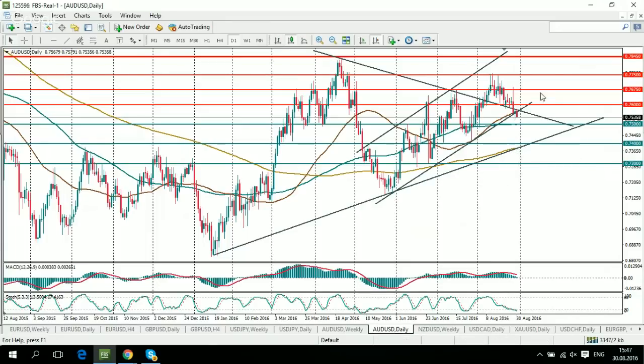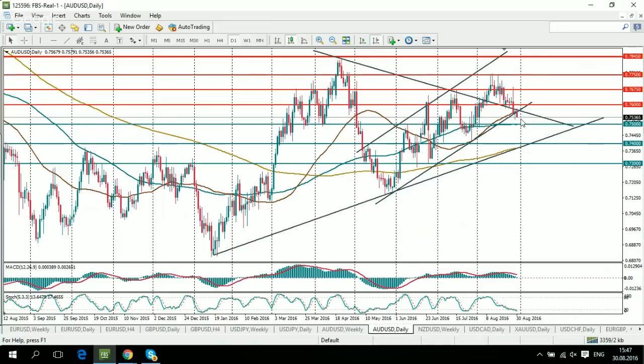If we have a rather strong nonfarm payrolls reading, I think that the pair may be vulnerable to test levels around 0.74, as I believe that the Australian dollar is overvalued, and the general dynamics is that we need to test this 200-day moving average and this support line which connects minimums of 2016 for Australian dollar, US dollar.